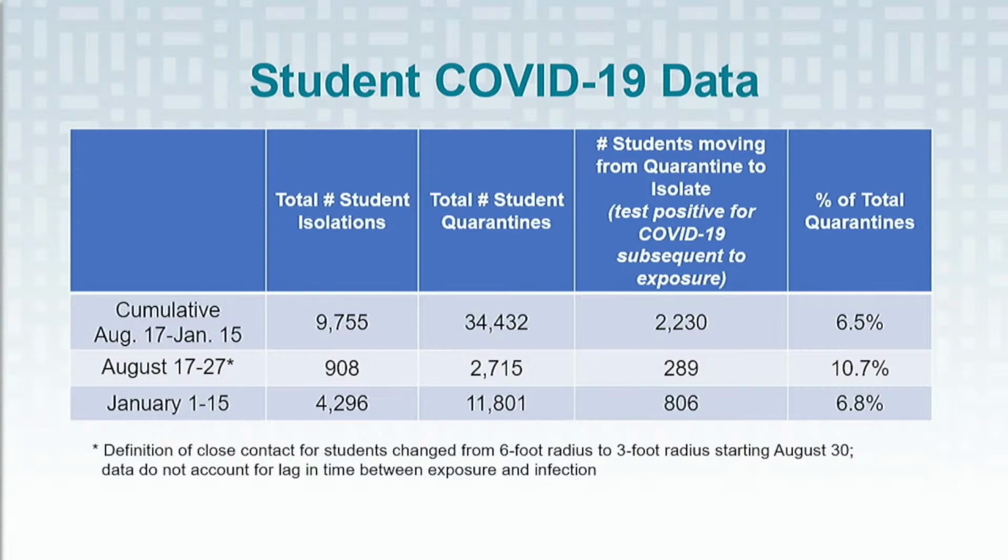But at the end of the day, that means 34,000 students, some more than once, have missed some amount of time. In the worst case, it could be 10 school days. That's not likely because most of them are going to fall over one weekend or two. So we can't tell you the precise number of days per person.